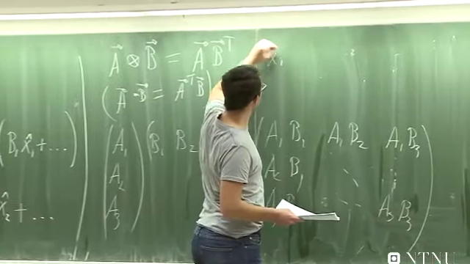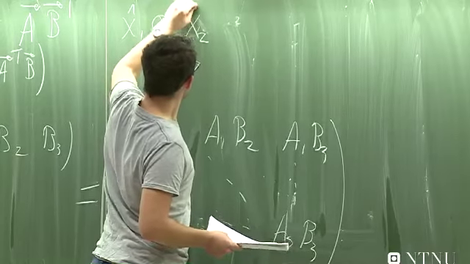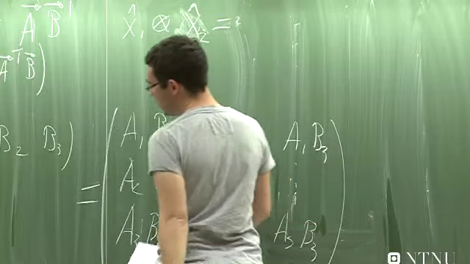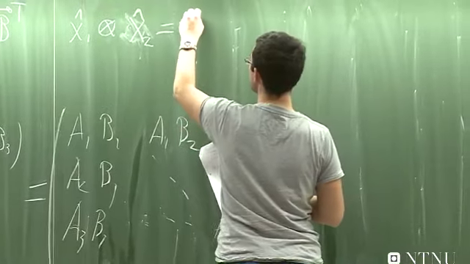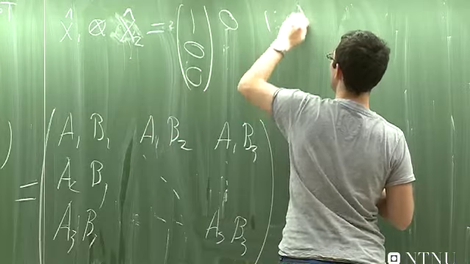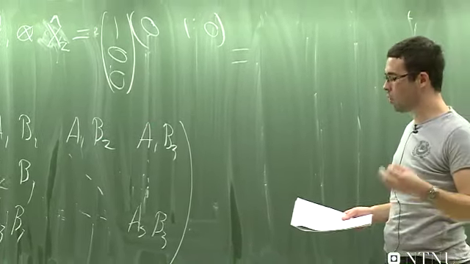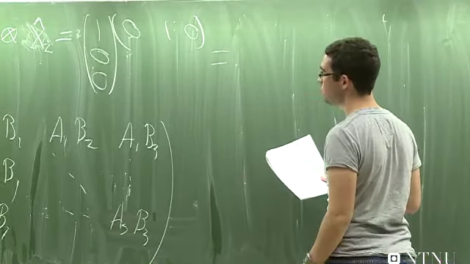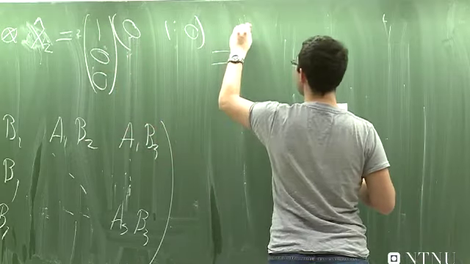And this will show you what these guys mean. So x1 hat tensor product x2 hat. So that's the column vector times the row vector. So it's 1, 0, 0, 0, 1, 0. And we get a matrix with just one of the elements being equal to 1, and all the others are equal to 0. And that should be the A1 B2, so it's this one.